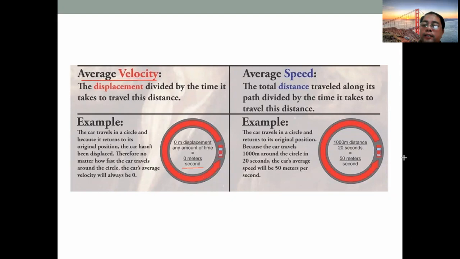But in the same example, we are trying to find this time the distance, or the average speed. So will the average speed also give a 0? We will notice that it will not.